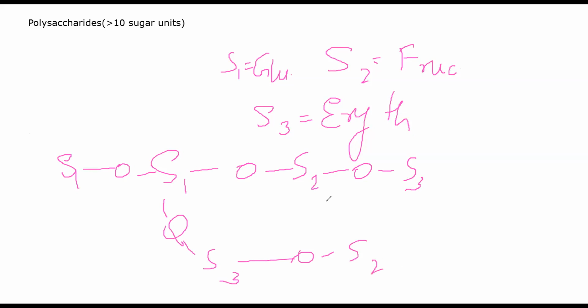I keep repeating this so that I have more than 10 sugar units. This will give me a polysaccharide at base, but because it involves different sugar molecules, this will be a heteropolysaccharide rather than a homopolysaccharide. Your heparin, hyaluronic acid, chondroitin sulfate, all of them are examples of heteropolysaccharides.